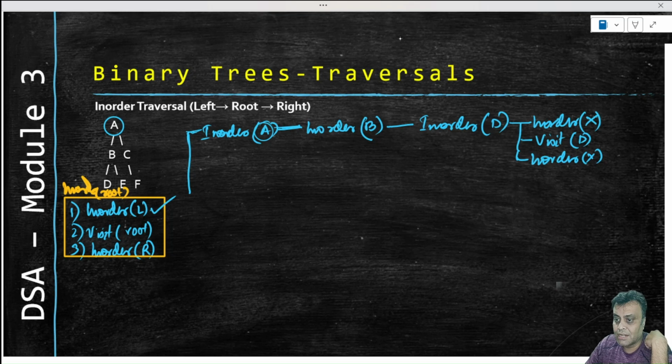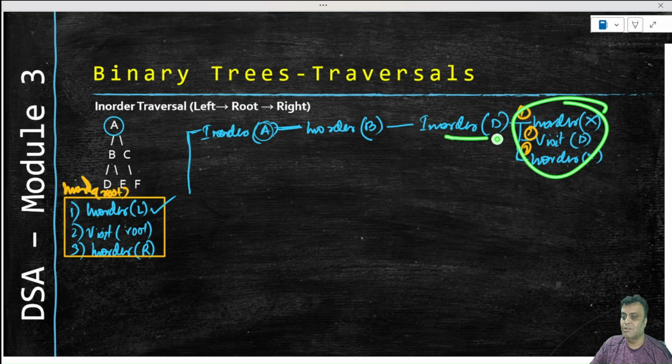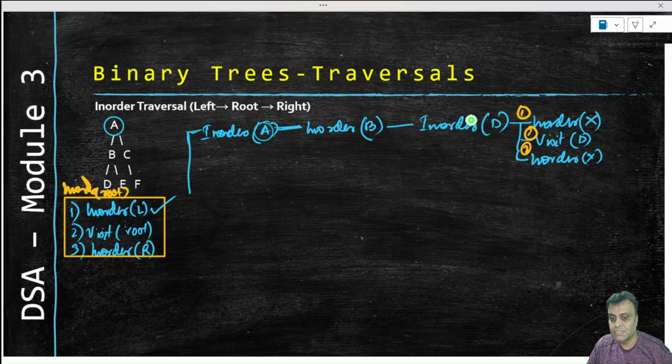So this way I started to complete my step 1, 2 and 3. The next thing is this in order D is already done, because this has returned. This has returned means in order D is already done. So if in order D is done, that is the left part is done, you can visit the root, right? So then this lifeline starts to visit the root, not here, but after this lifeline ends.